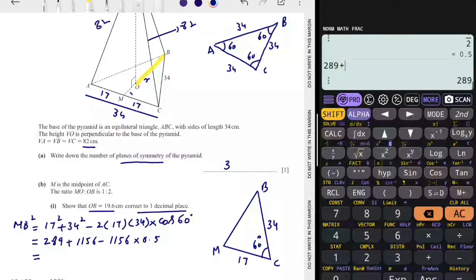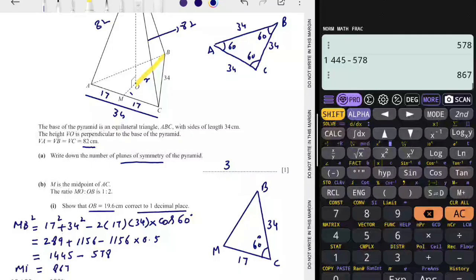Now we'll solve it further. 289 plus 1156 is equal to 1445 minus 1156 times 0.5 is equal to 578. We will subtract: 1445 minus 578 is equal to 867.